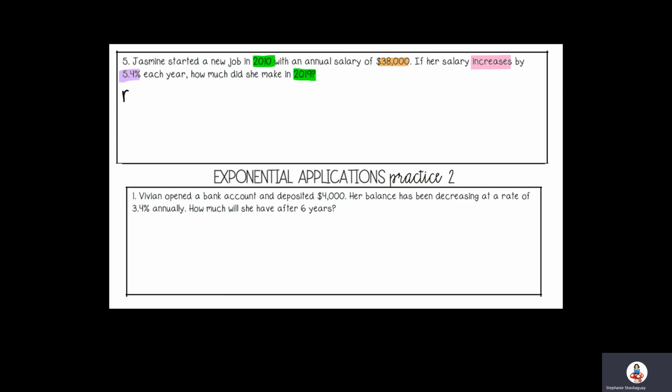So my rate is going to be 5.4 divided by 100, which is 0.054. And my time is going to equal 2019 minus 2010, which is equal to 9 years.